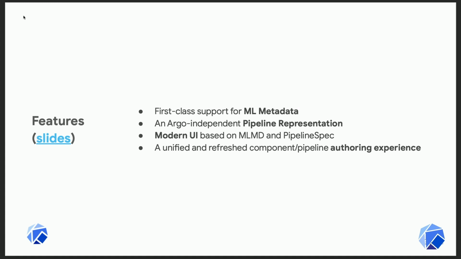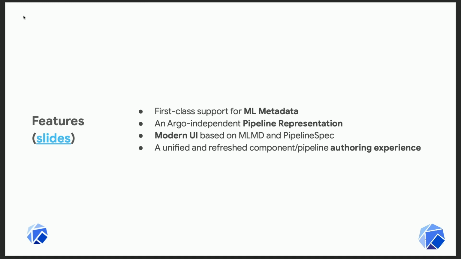Right now, we are using the ML metadata store as the runtime information storage for the pipeline run and pipeline job. So with that, we are able to provide more information, for example, the artifact. We can provide the lineage graph support with MLMD as well.